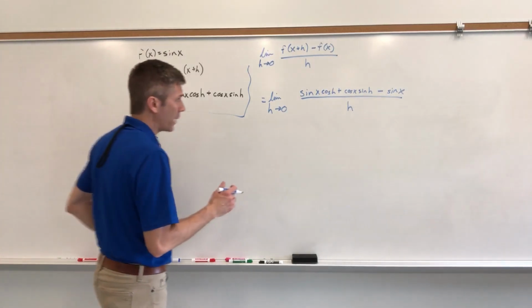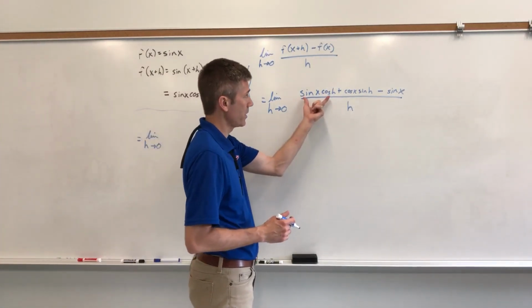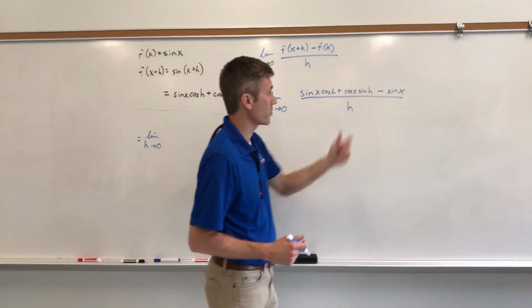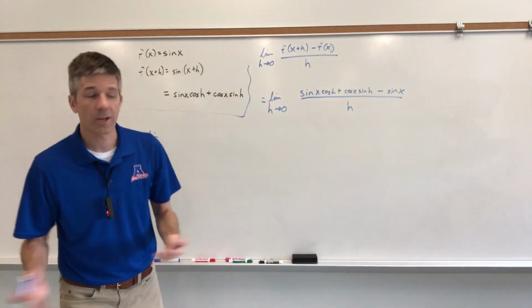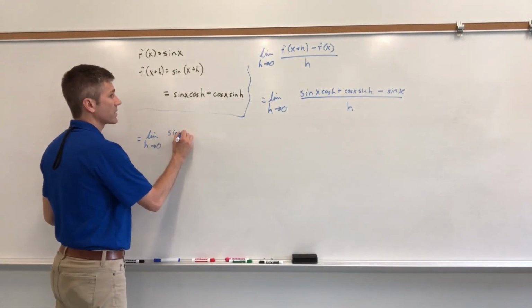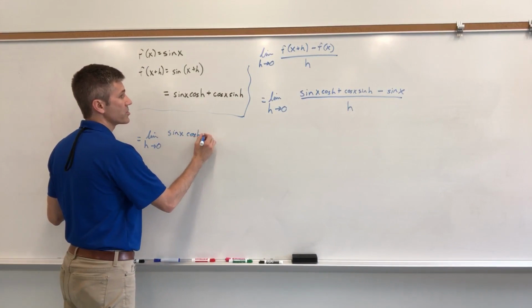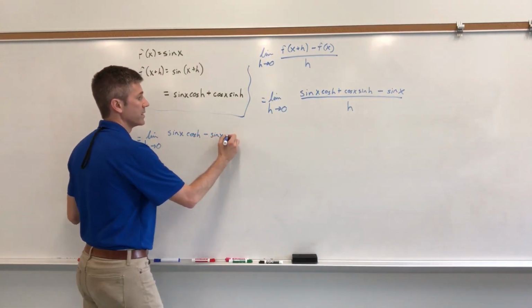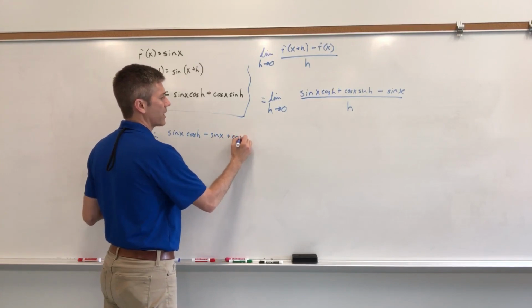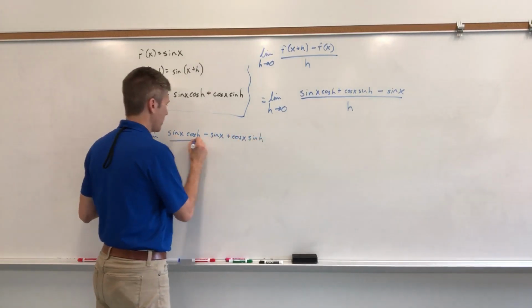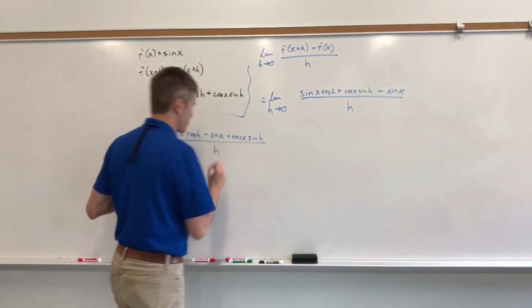So I'm going to put this term first, then this term second, and this term third. Why? You'll see where it's going. Sometimes you just experiment to find where this stuff is going. So sine of x, cosine of h, minus sine of x, plus cosine of x, sine of h, all over h.